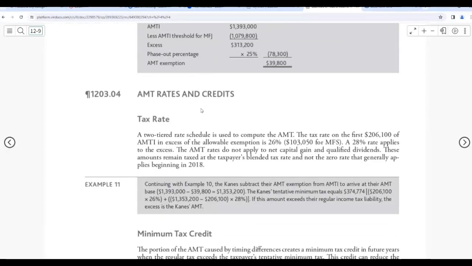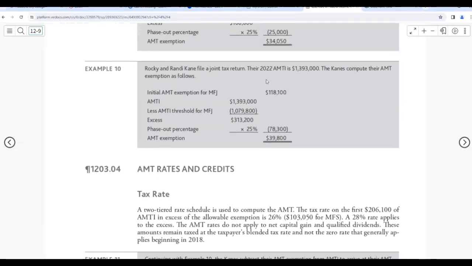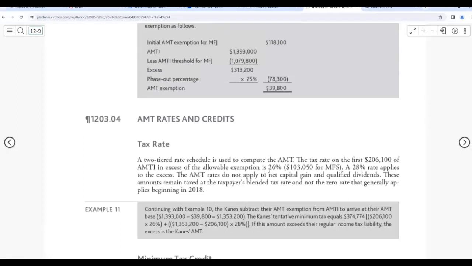Okay, the AMT rates. What is the tax rate anyway? For AMT, a two-tiered rate schedule is used to compute the tax. The tax rate on the first $206,100 of alternative minimum tax income in excess of the allowable exemption is 26%. A 28% rate applies to the excess of that.